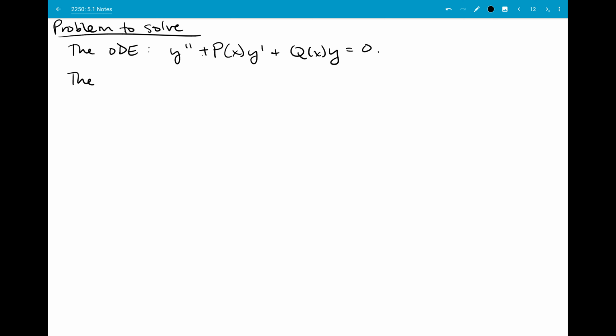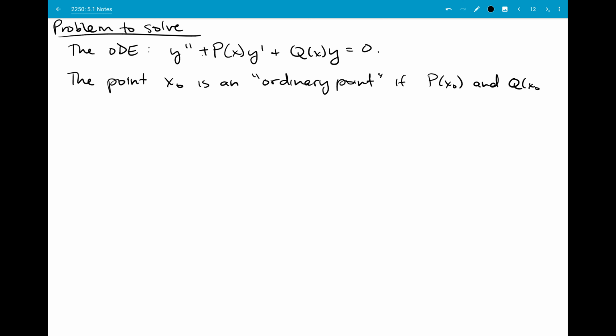And then what we need to talk about is what an ordinary point is. So the point x0 is an ordinary point if p of x0 and q of x0 are analytic.